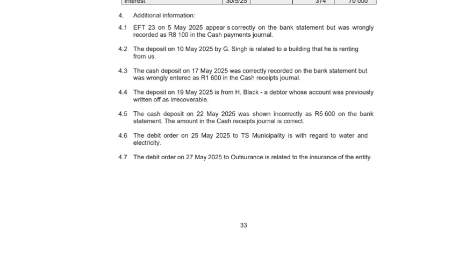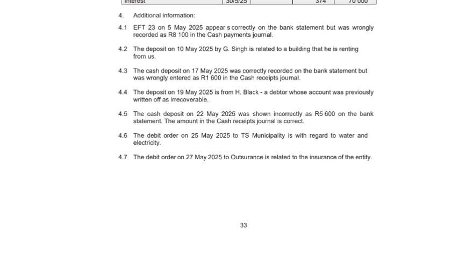So if we read our additional information, number 4.1, an EFT number 23 on the 5th of May appears correctly on the bank statement but was wrongly recorded as 8,100 Rand in the cash payments journal.